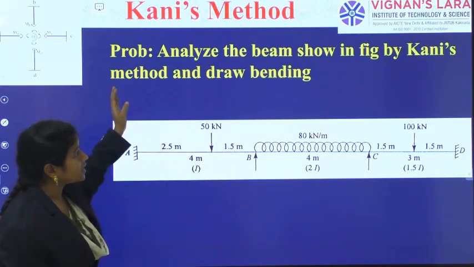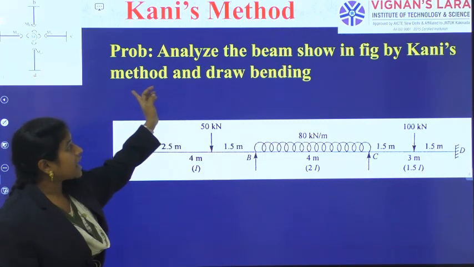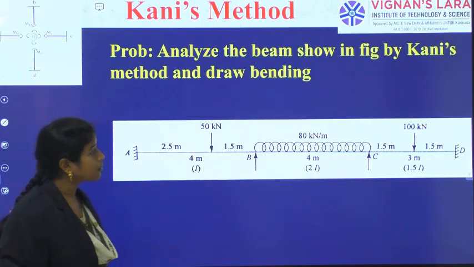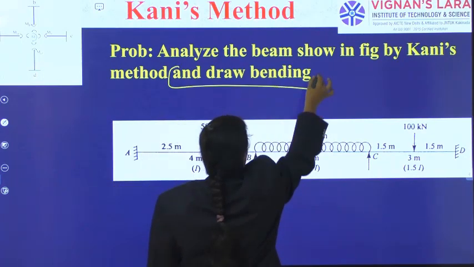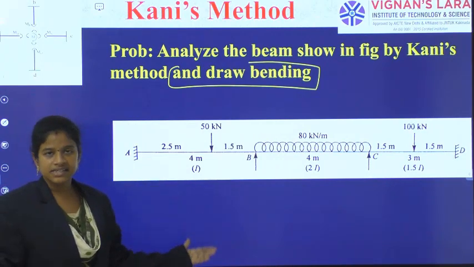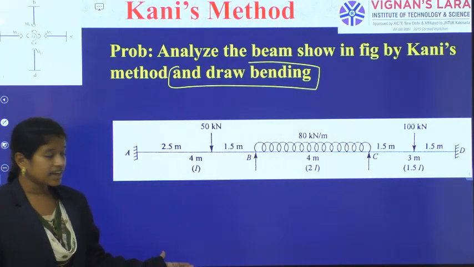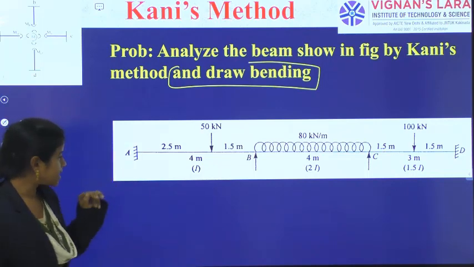So first, read the problem and what it says. Analyze the beam shown in the figure by Kani's method and draw the bending moment diagram. If possible we will draw it, or otherwise we will leave the bending moment diagram. In this step I am thinking only about the calculation of the moments. Now our picture is like this.